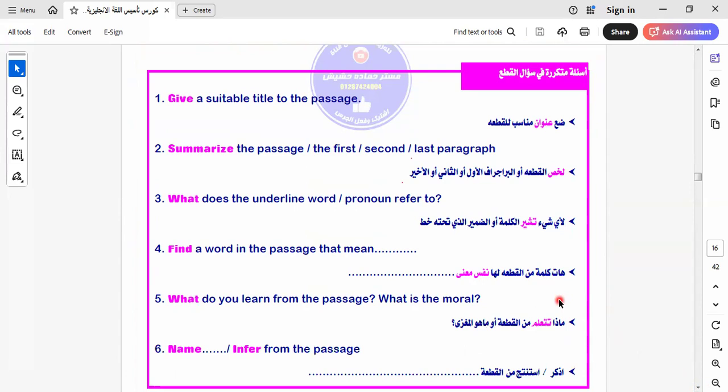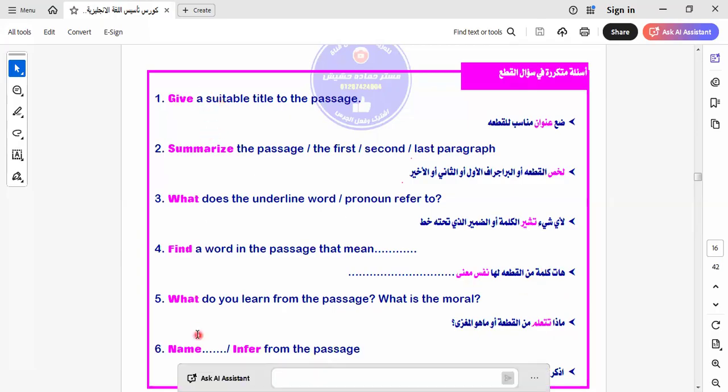You must understand the comprehension before you answer it, because we have something underlined: the word refers to what, or the pronoun refers to what, or summarize the passage of the first line. So we must know how to summarize, how to know what the pronoun refers to, how to find the meaning of the word from the text. All this depends on understanding the passage.